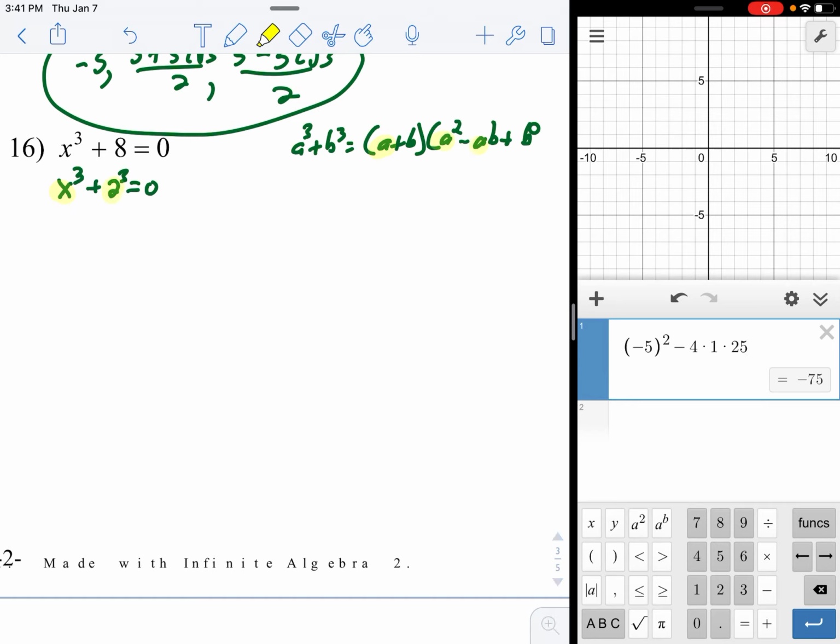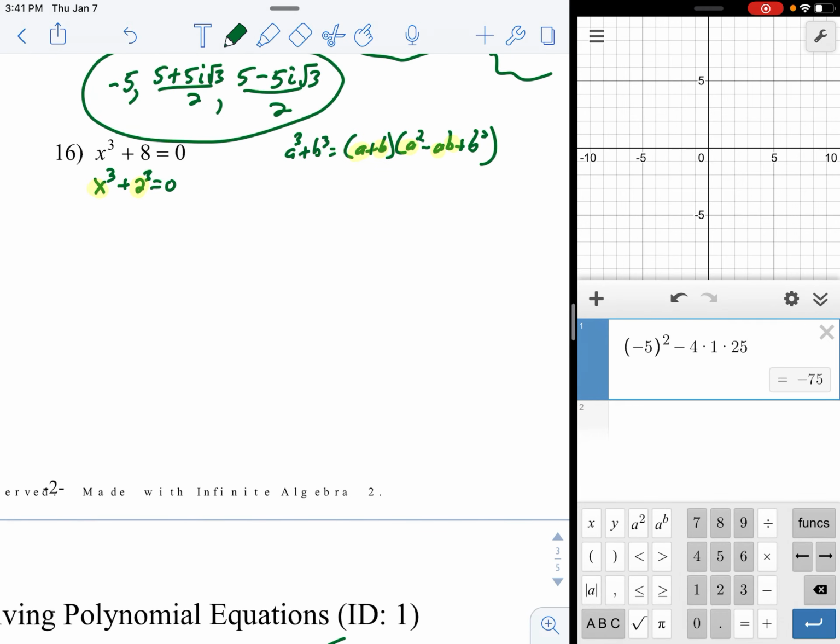And everywhere you see a b, that's where I'm going to plug in a 2. So it's going to go x plus 2, x squared minus x times 2 plus 2 squared. And then that simplifies to x plus 2, x squared minus 2x plus 4.